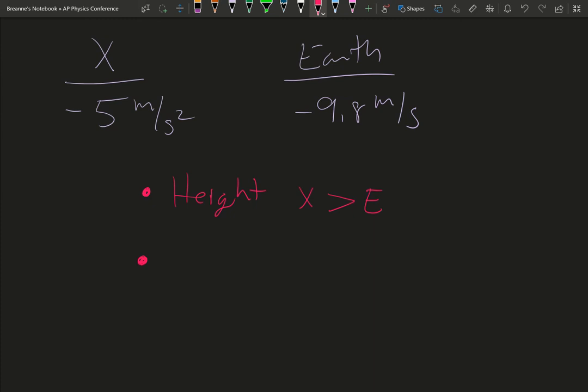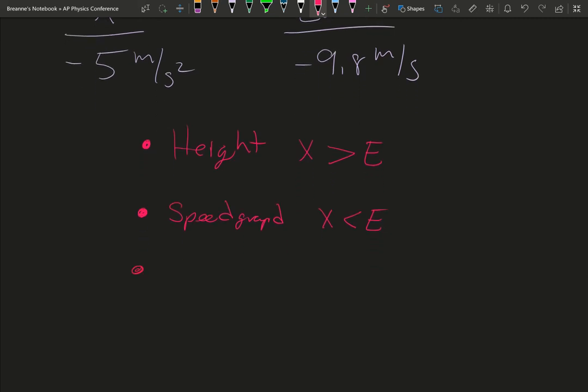Okay, so we have height, then the speed at which it reached the ground. So speed at ground, X compared to Earth, Earth is going to have a greater velocity when it hits the ground because you have a greater acceleration. Time in free fall. So pretty much how long is it going to be in the sky?